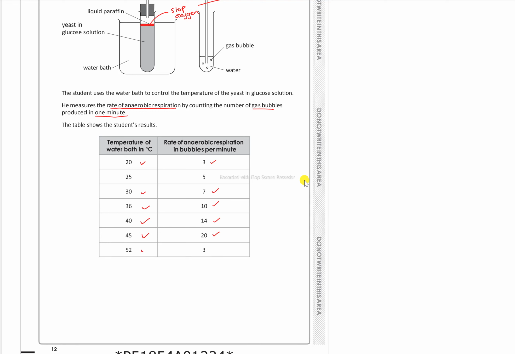As you start getting above 45, it starts going down, because this in effect kills the yeast. It denatures the enzyme and the yeast cell dies. So it looks like 45 is what we would call the optimum temperature for maximum activity.